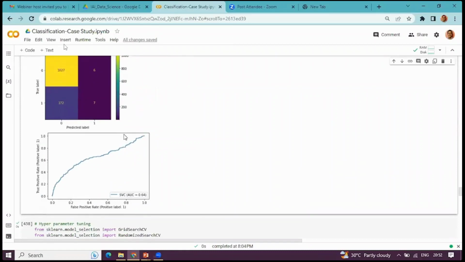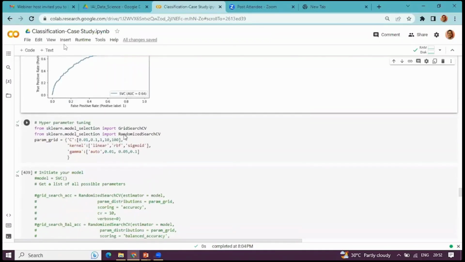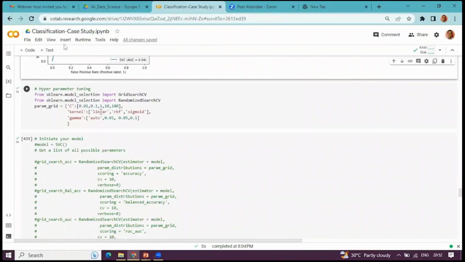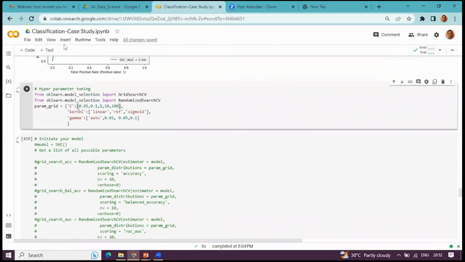Then you can also do hyperparameter tuning. So now you could see here, there are three major kinds, so probably let's go for SVC.